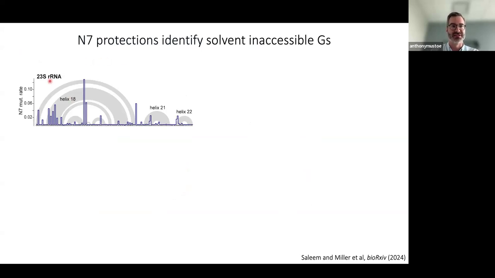In this case, this is data that we collected on the E. coli ribosome in cells. And again, looking here at this N7 mutation rate, there's significant variation. Some positions are very reactive, but many are effectively completely unreactive. So we put a lot of effort into trying to understand and interpret these data.